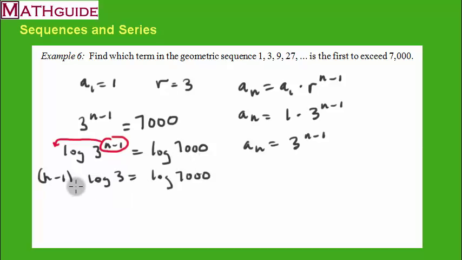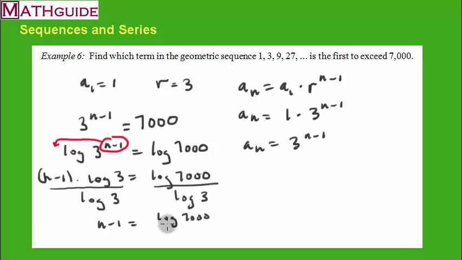How do I get the n minus 1 alone? Well, if I'm multiplying, the only way to do that is to divide. So you're going to divide both sides by the log of 3. So you get n minus 1 equals log of 7,000 divided by log of 3. I don't want n minus 1, I want n. So the inverse of subtracting 1 is to add 1.